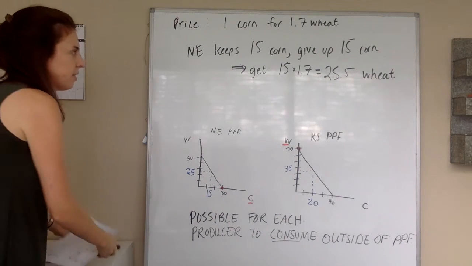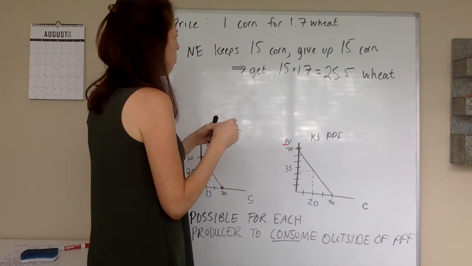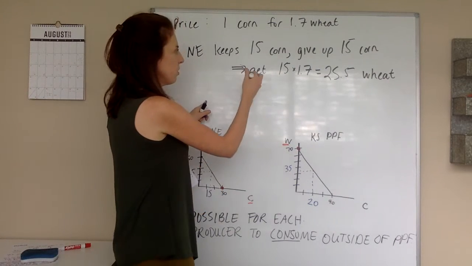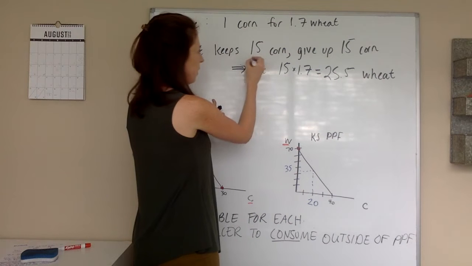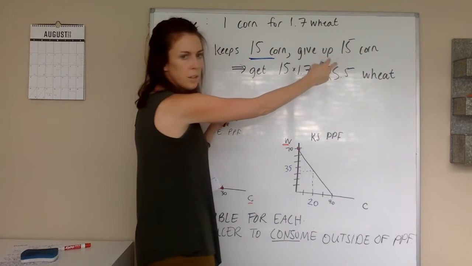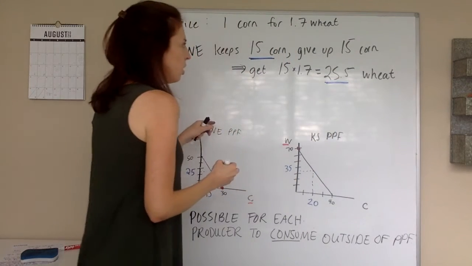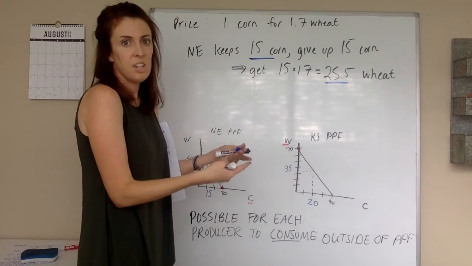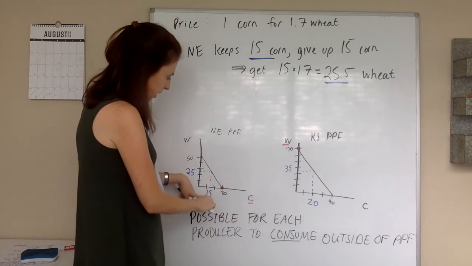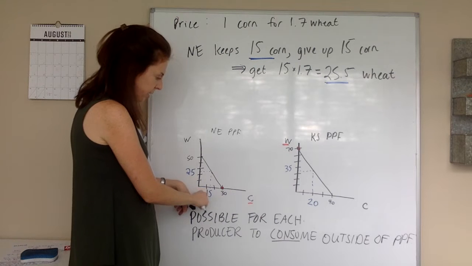Okay, note that this demonstrates the magic has already occurred, because what Nebraska ends up with after this transaction is they've kept 15 units of corn, the other 15 units of corn they traded, and they brought in 25.5 units of wheat. So now this is what they have to eat. This is like their consumption bundle. So down on the graph, originally this is where they were when they weren't trading.